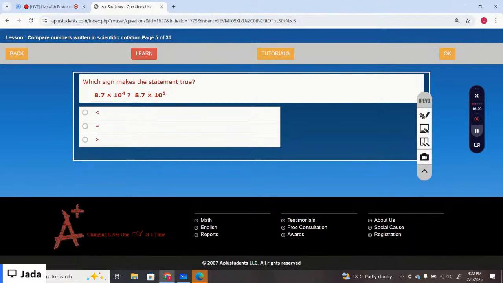Which sign makes the statement true? 8.7 times 10 exponent 4, you have to compare it to 8.7 times 10 exponent 5.